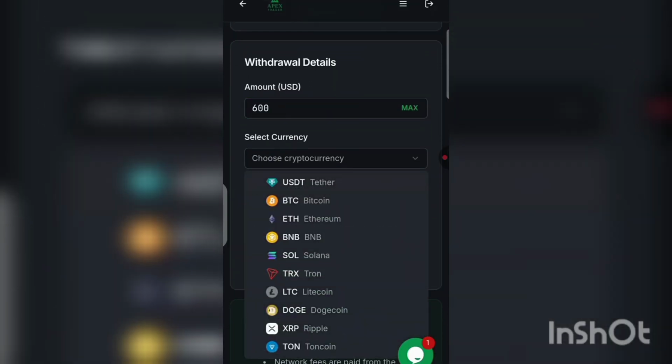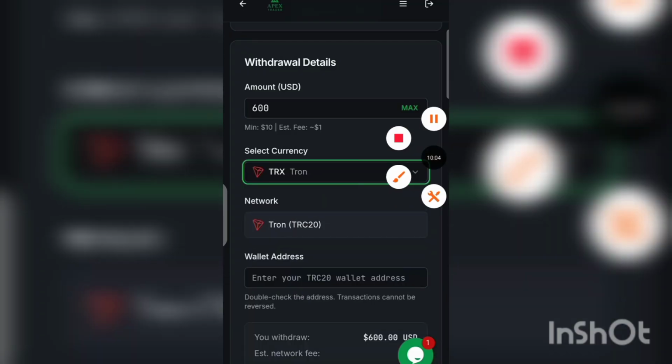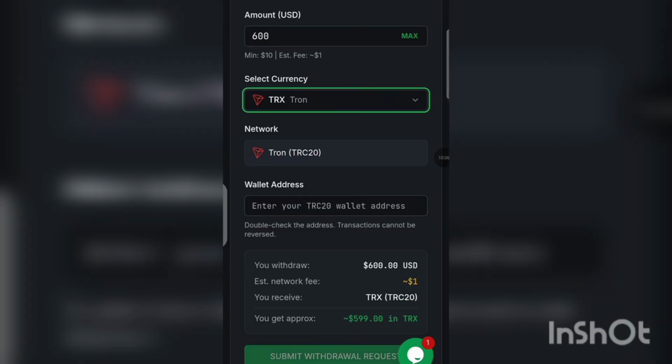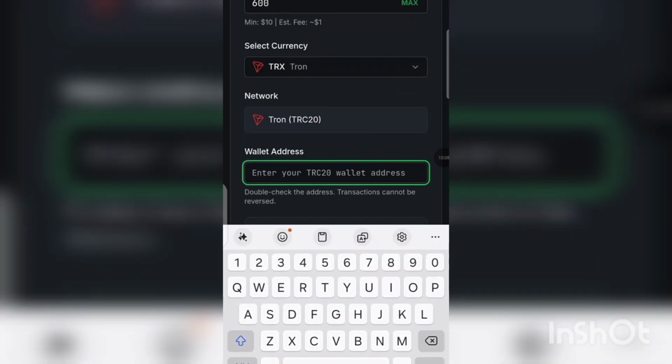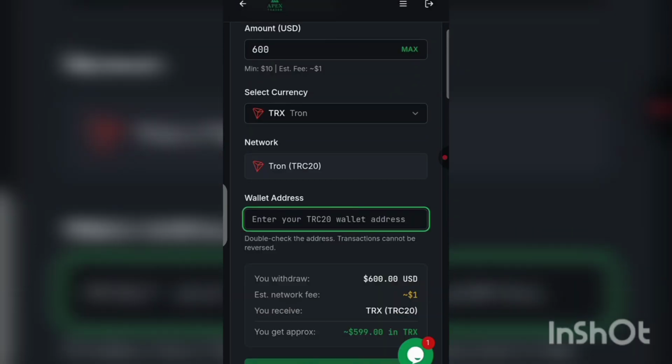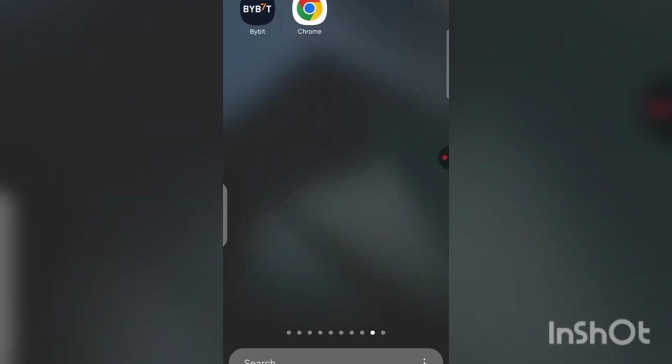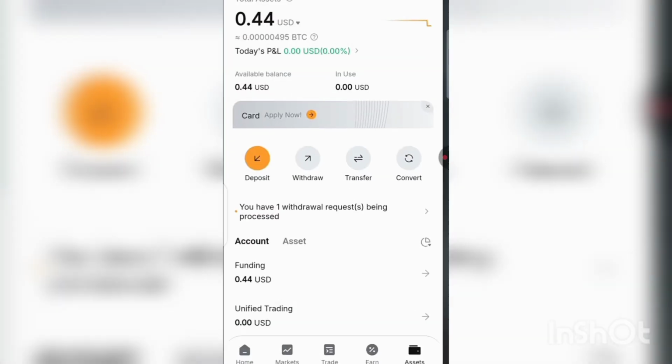So you can confirm and say that this particular bot is actually paying, is actually working. So let's select USDT and make a withdrawal. I'm going to be selecting Tron. Now the next thing is for me to go back to my Bybit and copy the wallet over there.